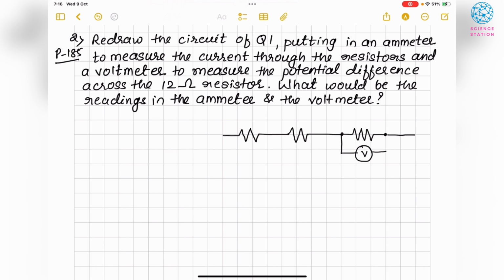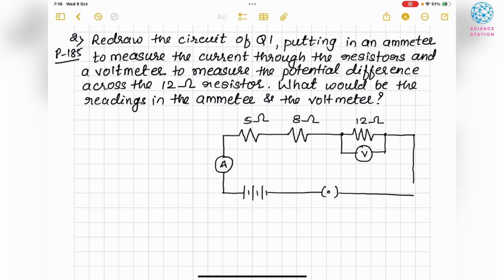So this is my voltmeter attached in parallel with 12 ohm resistor. This is 8 ohm, this is 5 ohm, and one ammeter they have told, so I am attaching the ammeter here. And now the circuit, the 3 cells of 2 volt and a key. So this will be my diagram.